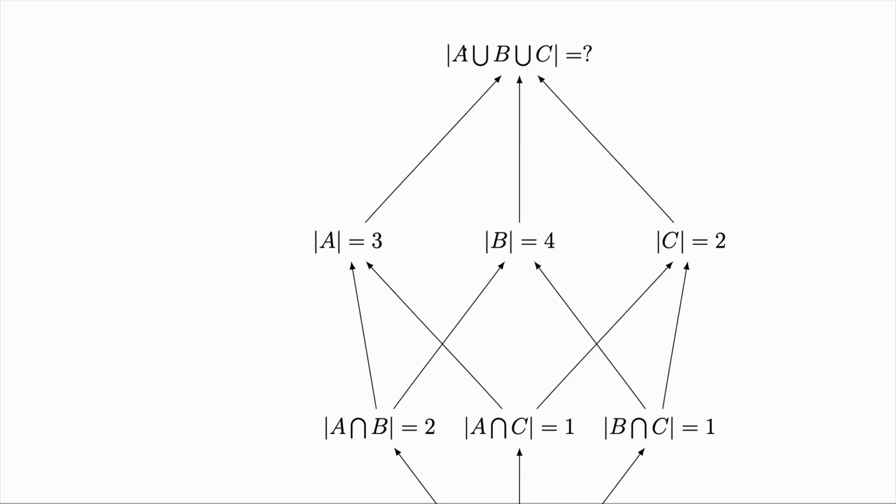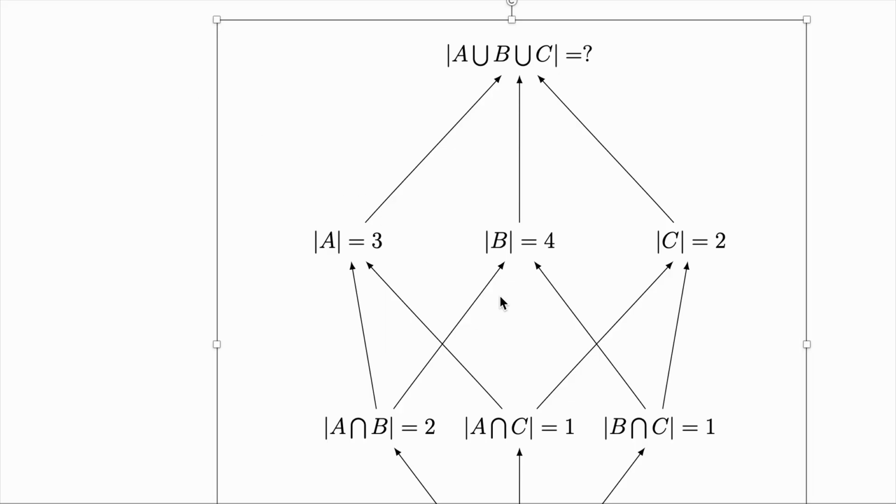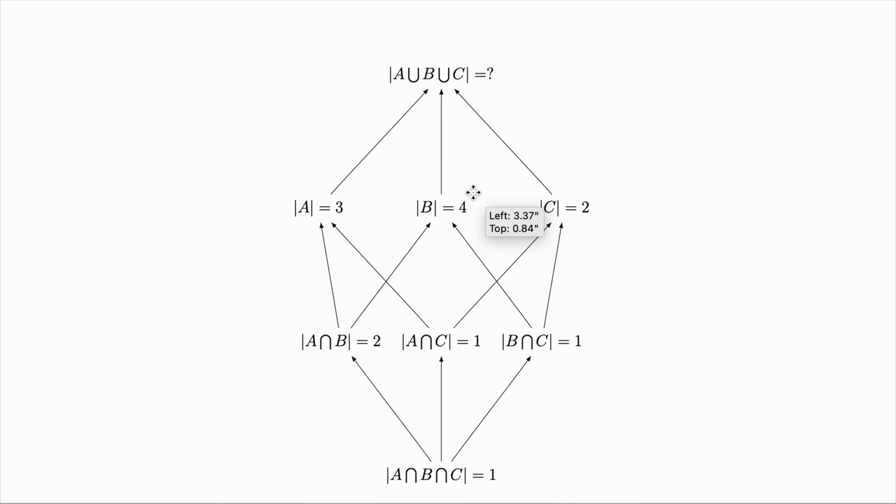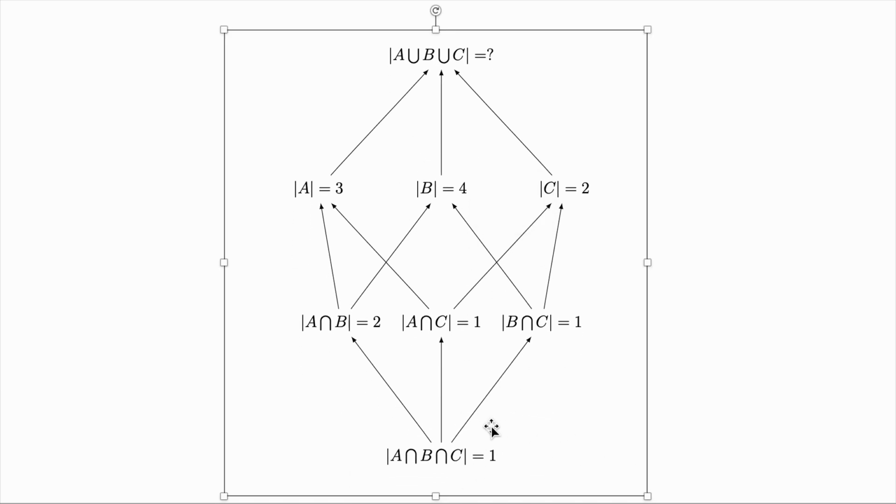Okay, we have a set A, a set B, set C. What's the union of? Well, we know what the size of A is. A is going to be 3, B is going to be 4, C is going to be 2. But their intersections have different sizes. And then not only do their intersections have sizes, but the triple intersection also has a size. How can we work with that?